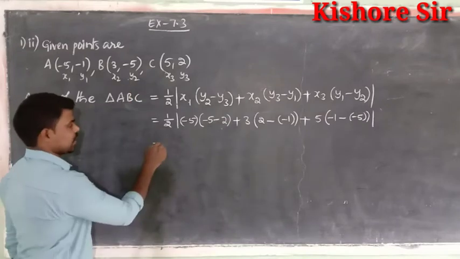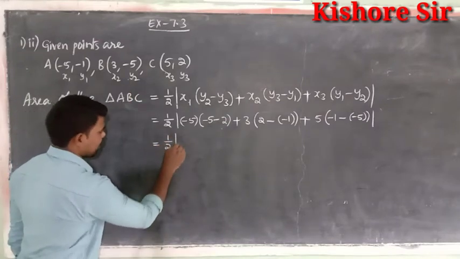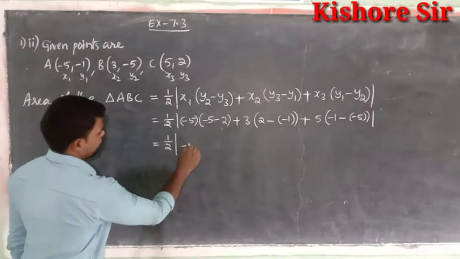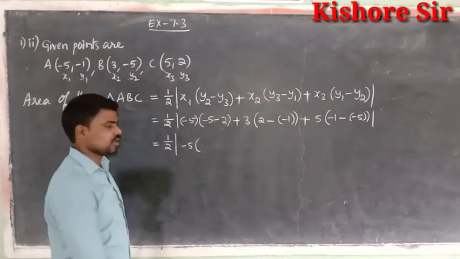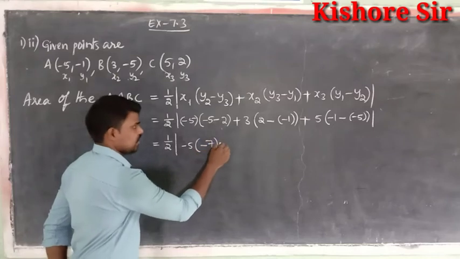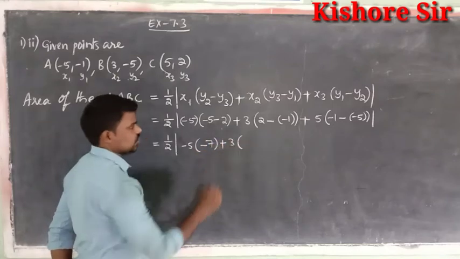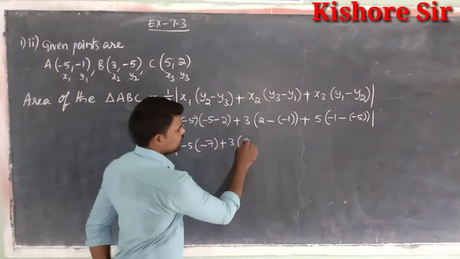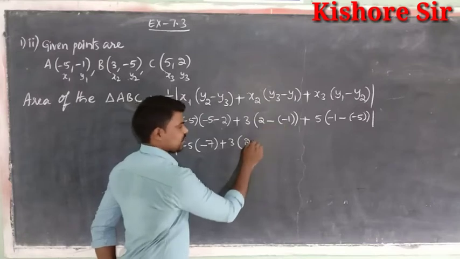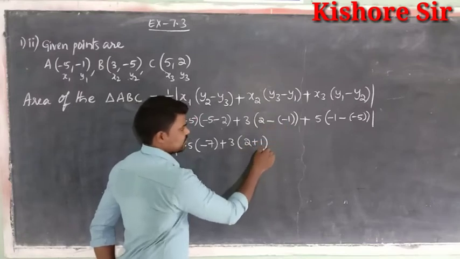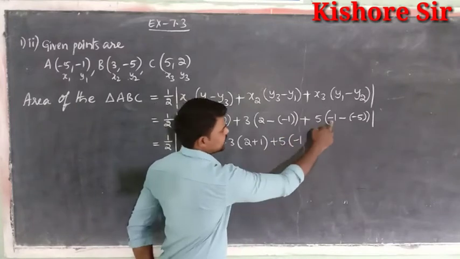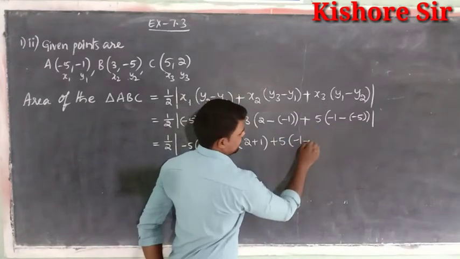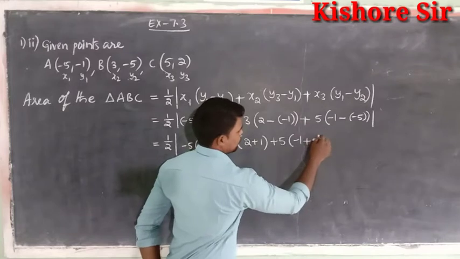Okay, that is equal to 1 by 2 modulus minus 5 into (minus 5 minus 2, that is minus 7), plus 3 into (2 plus 1), plus 5 into (minus 1 plus 5).